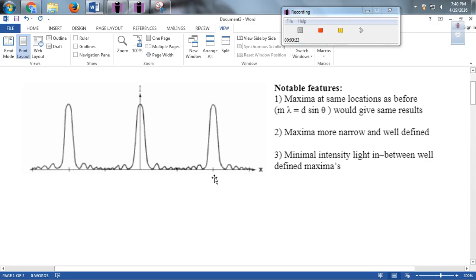Okay, and so the maxima are at the same location as before. The maxima are more narrow and well defined, and then the minimal intensity occurs right here. I have very little light, then pick up more and more light as I get closer and closer. Again, it minimizes to 0, maximizes all the way up. So that's what that graph would look like.